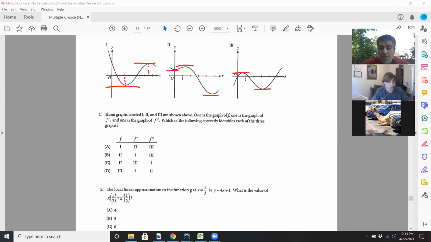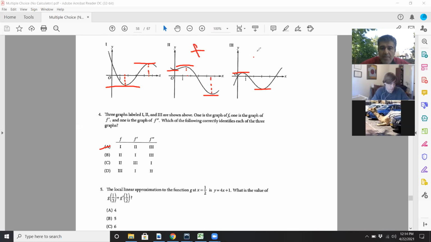So it means the f prime graph should be crossing the x-axis at 1.5 and 4.5, which kind of does for 3, but with 1 being the original graph, they said 2 was f prime, so that doesn't work for us, and I don't see another choice with 1 as f. So let's look at 2 being the original graph. You have horizontal tangents at 0, 1 point something, 2, 3, 4, and 4 point something. Now, that looks pretty good with 3 being f prime.